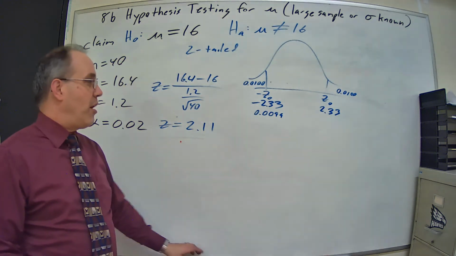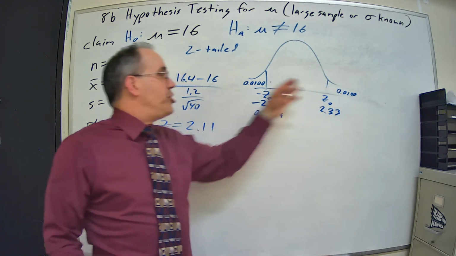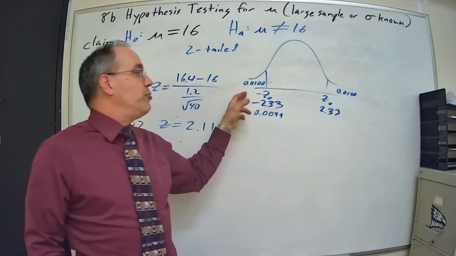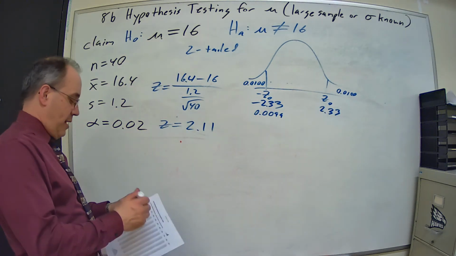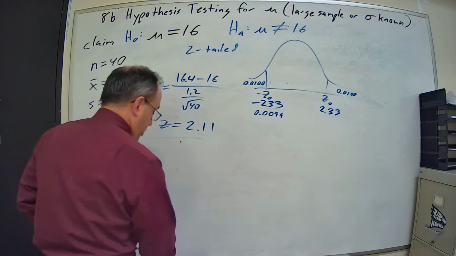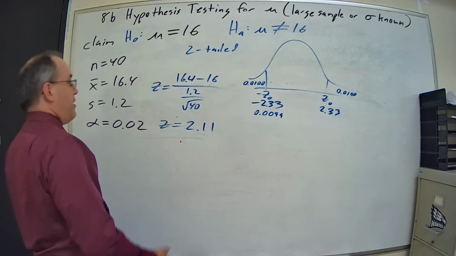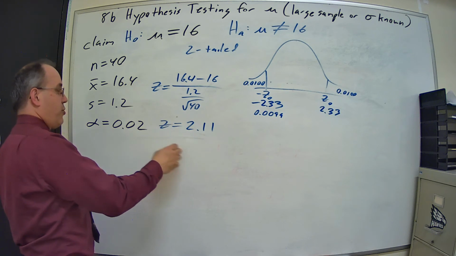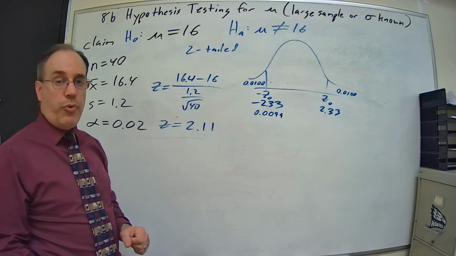So we have our critical values creating our rejection regions. Now we have two rejection regions. And now we look at the z-score that we already calculated. It still calculates the same because I didn't change any numbers. So we have a z-score of 2.11 from our test statistic of 16.4.